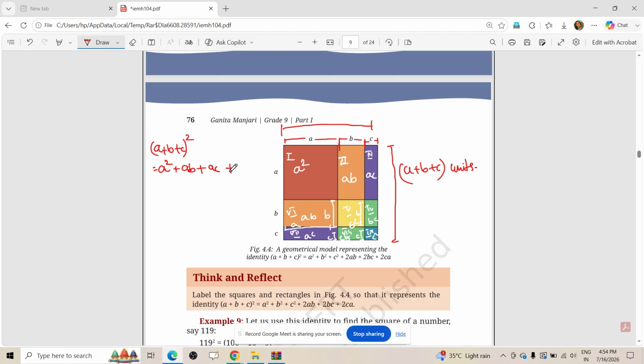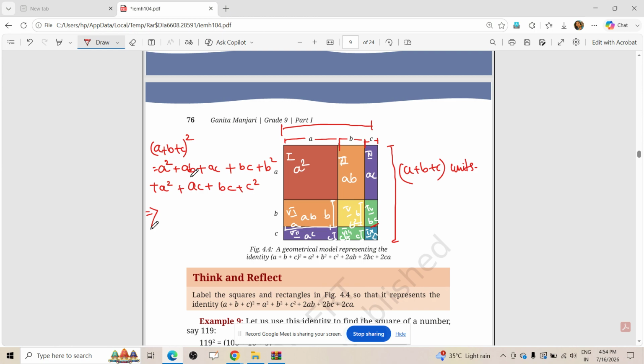Fourth one is BC, and B square, plus AB. And seventh part is AC, plus BC, plus C square.